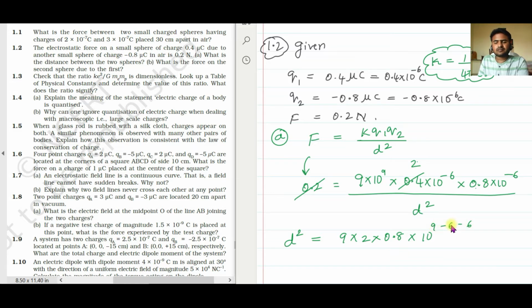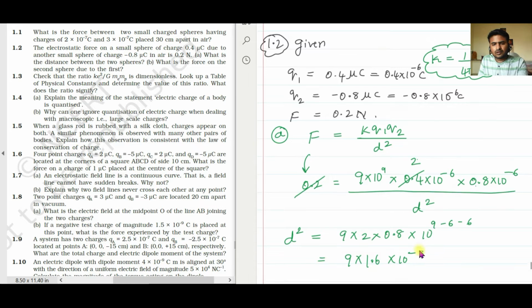So 9 minus 6 is 3, 3 minus 6 is minus 3. So basically I'm going to get 9 into 0.8 into 2, which will be 1.6, into 10 to the power of minus 3.